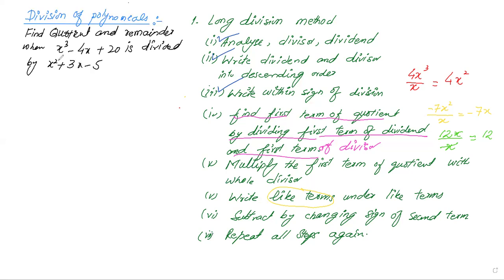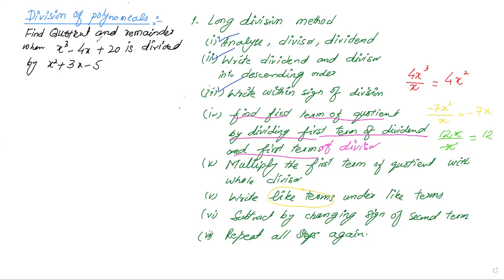Now, this question is a little bit different, but you have to follow the same steps. Again, the words divided by: before these words, the expression is called the dividend, and after these words, the expression is called the divisor.